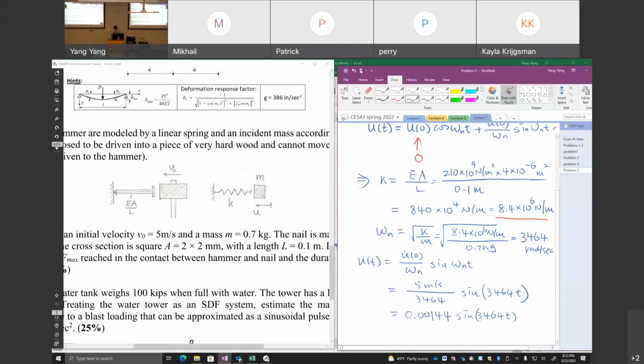This is the response of the rail. Are there any questions up to here?